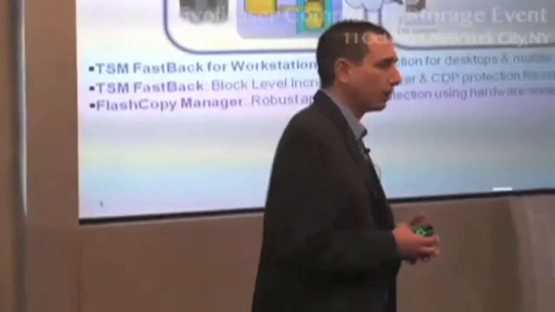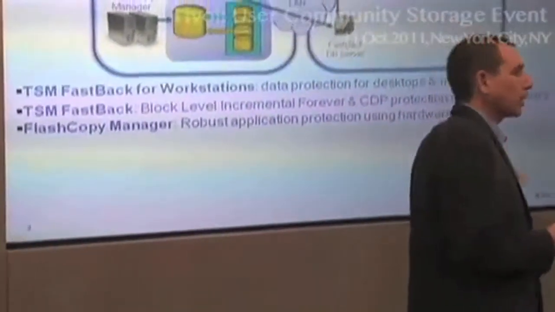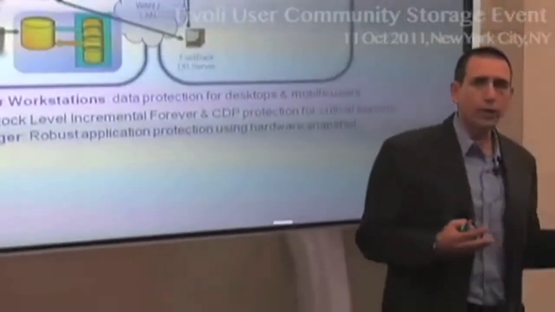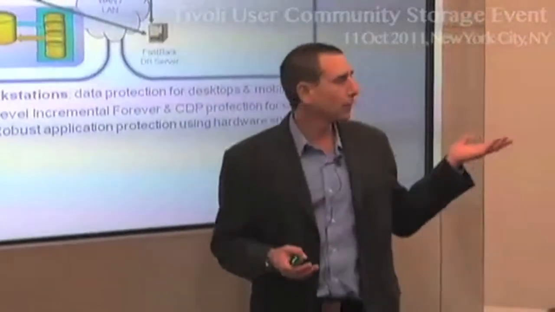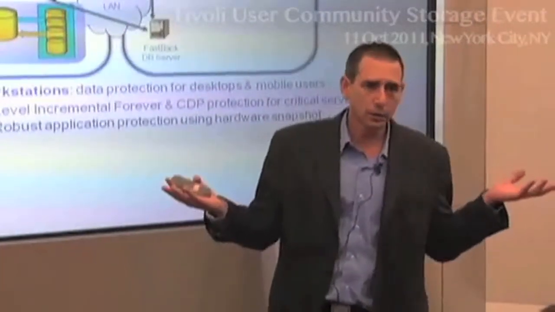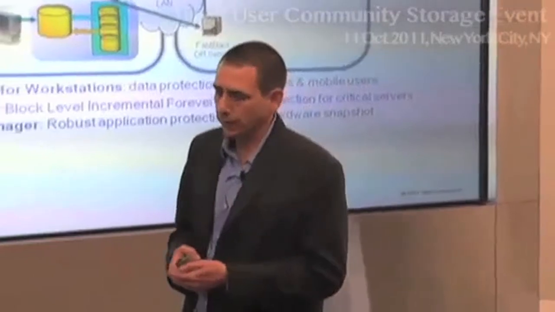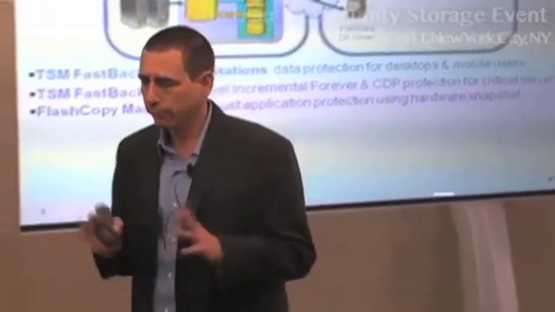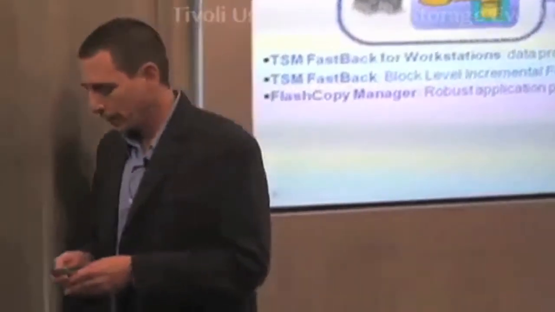Am I losing a couple of transactions? What's my window of time that I can roll back into? And that's what Flash Copy Manager does. It negotiates the terms of the snapshot between the application on one hand and the storage devices on the other hand. So making sure you get a completely consistent backup.